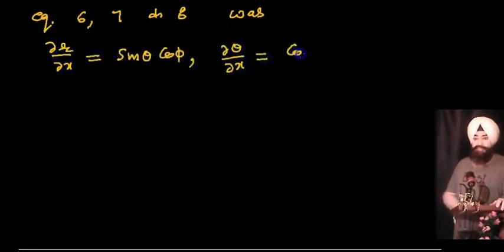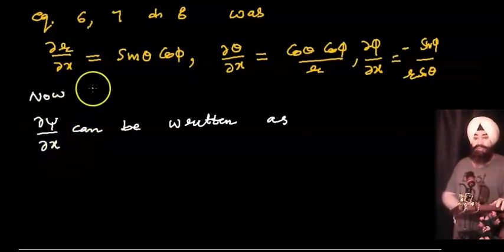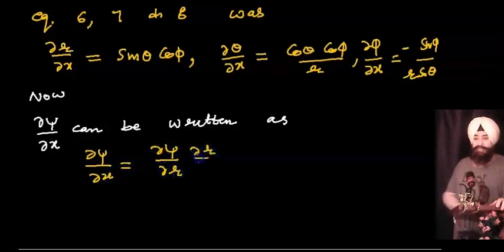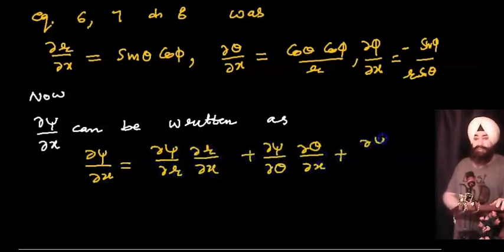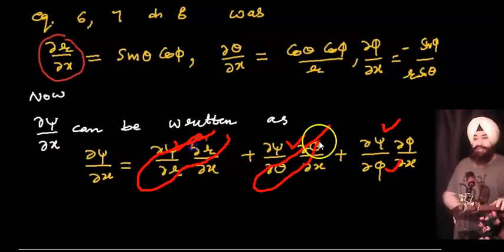Writing again. Now we can write curly psi by curly x, the variation of psi with respect to x, as curly psi by curly r times curly r by curly x, plus psi with respect to theta, plus psi with respect to phi, each with its factor.